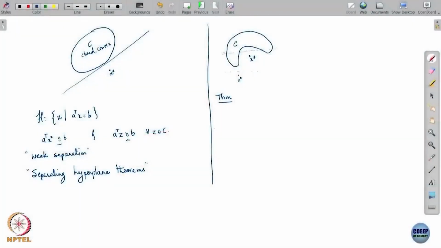Okay. So, I will state the separating hyperplane theorem that we need. So, the theorem is the separating hyperplane theorem.